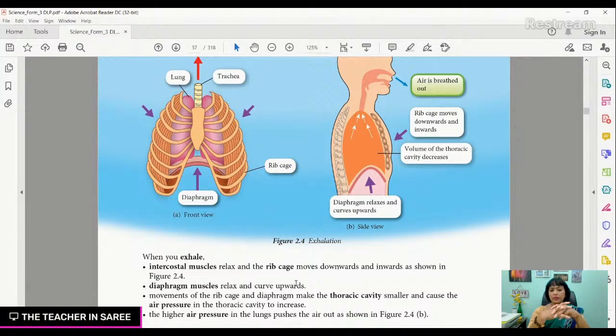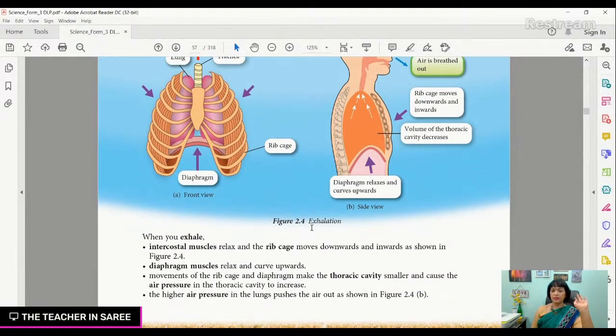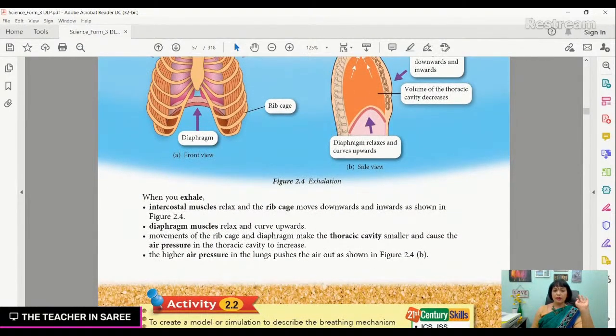The diaphragm muscle relaxes and curves upwards. The movement of the rib cage and the diaphragm will make the thoracic cavity smaller. So the volume is smaller, pressure is higher. Higher pressure will push the air outside. This is what happens. Okay, guys, so far so good.